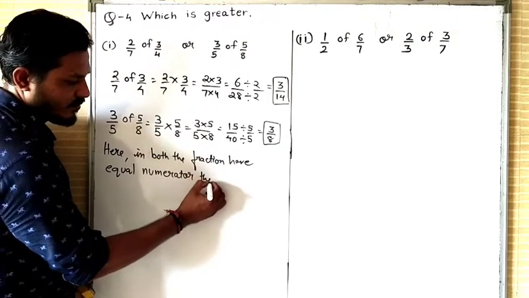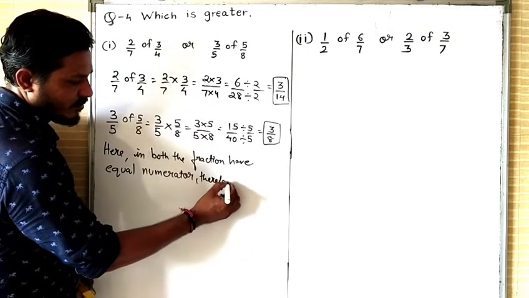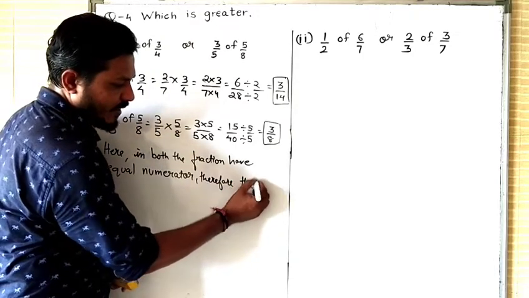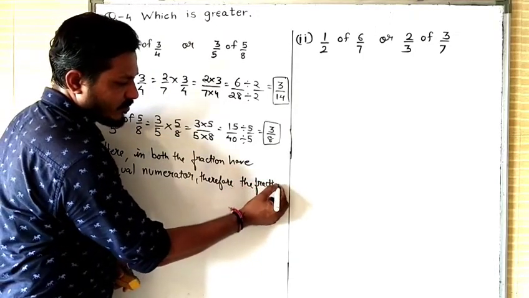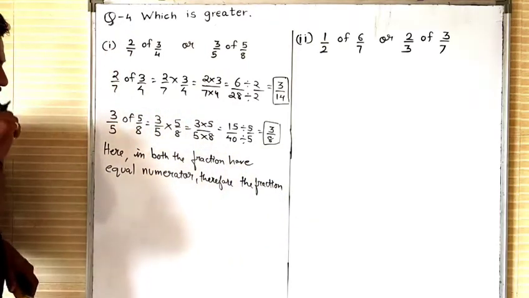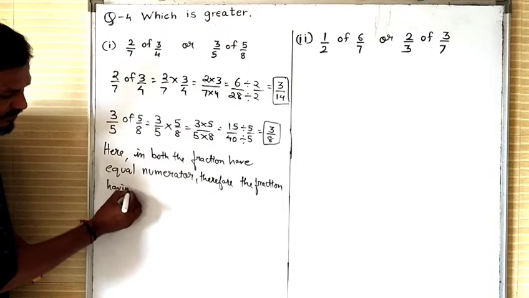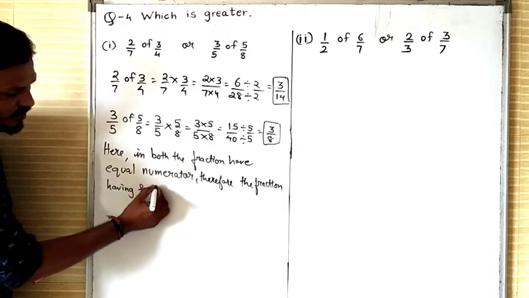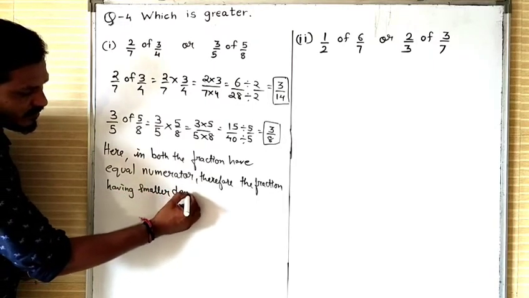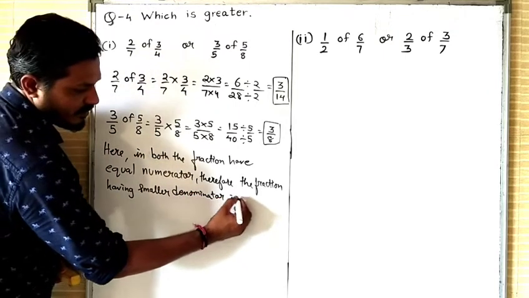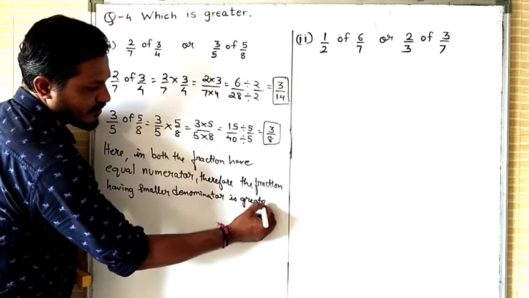Therefore, the fraction having smaller denominator is greater.